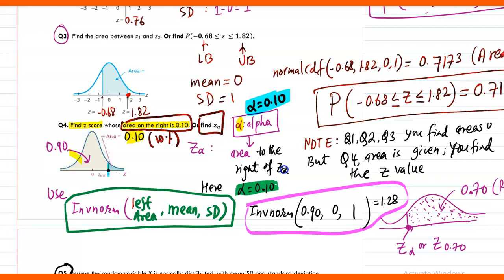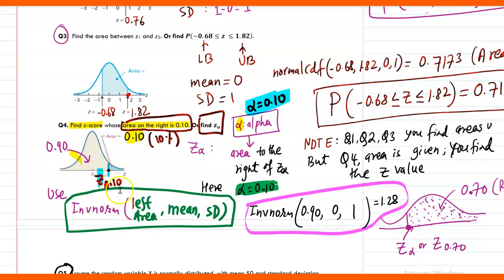And this point here is called z alpha. We are looking for z alpha, the point z 0.10.